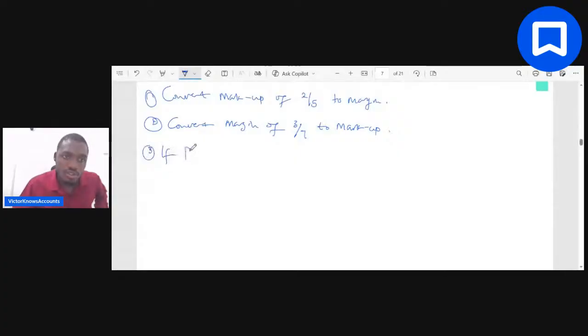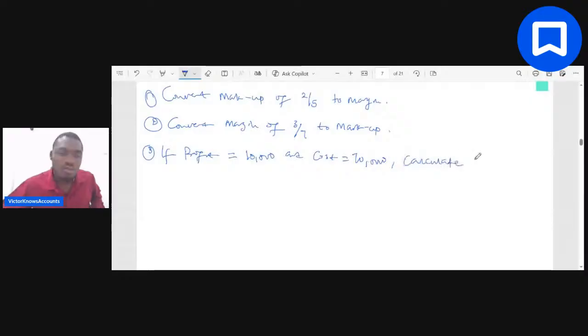If profit equals 10,000 naira and cost equals 70,000 naira, calculate sales price and margin.